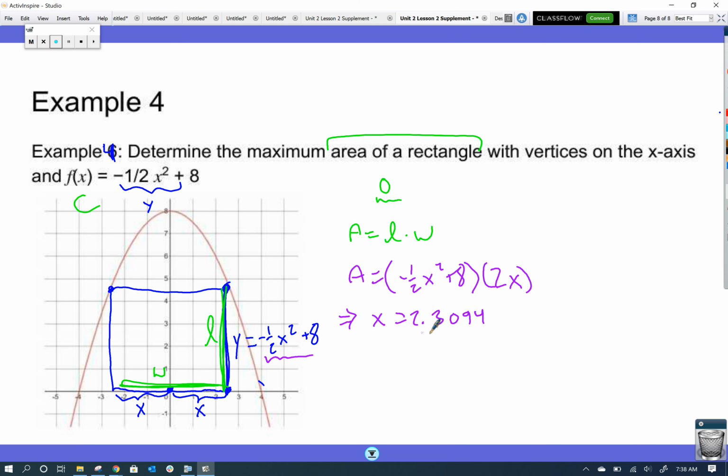Okay, so if our x is this, then we can calculate a y. So what is our y? Well, we got a roadmap for y: negative 1/2 times 2.3094 squared plus 8. Let's grab that real quick.